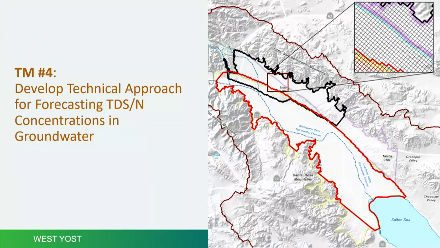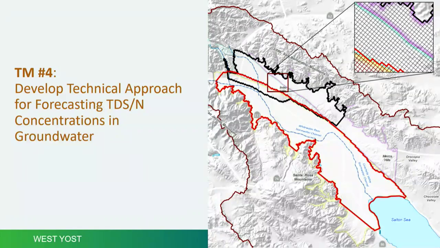There are 2 main models that have been constructed and updated and improved over time to support Sustainable Groundwater Management Act compliance. And that is in the so-called Mission Creek subbasin, which is outlined in black. And then there's a little bit of overlap with the outline in red, which is the Indio subbasin. And so different alternative GSPs have been developed using these models in both these areas.